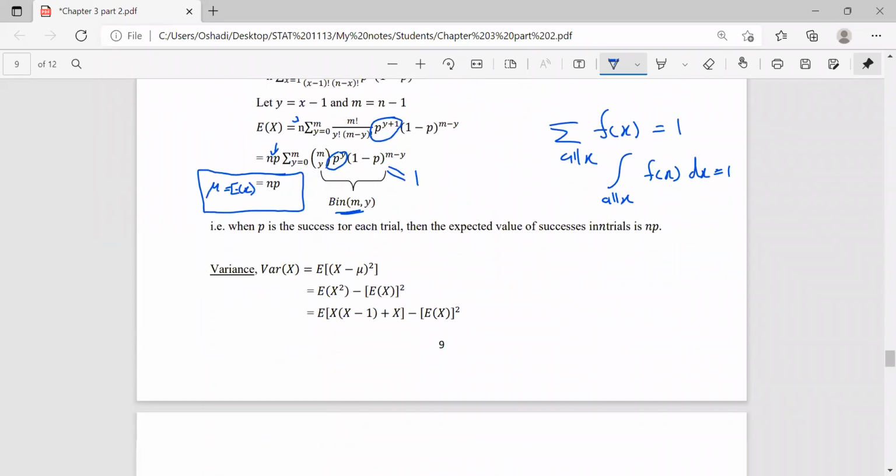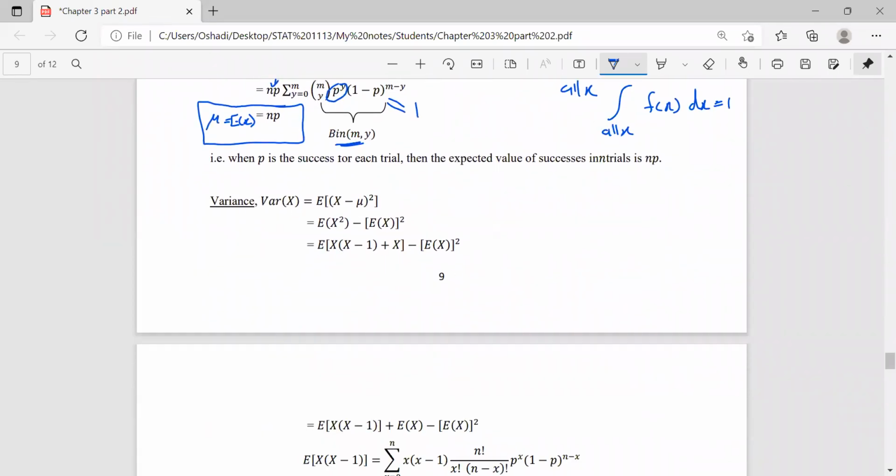So the next property is variance. The variance can be written as the expected value of (x minus mu) whole thing squared. So it can be written as this. And the expected value of x squared can be written as this.